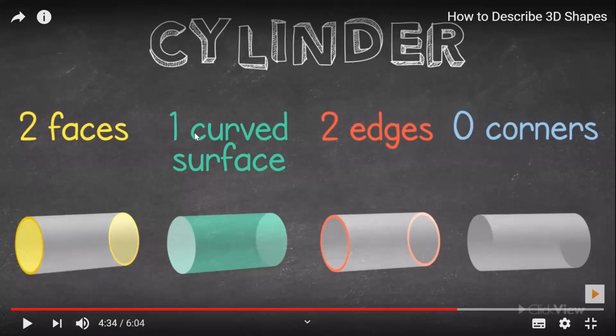It has one curved surface, and there are two edges in a cylinder, and there are no corners, because corners are where different sides meet. So here there are no corners in a cylinder.